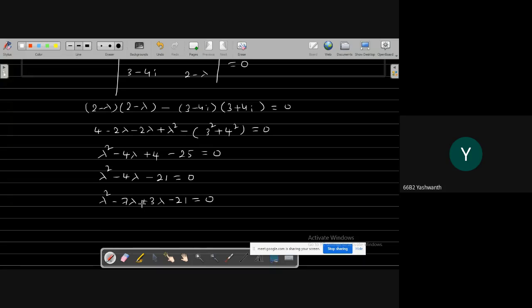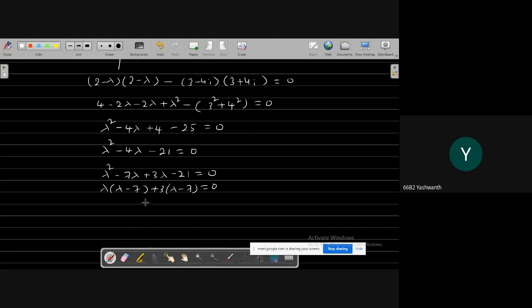This you know already. Otherwise you can use the calculator, no need to waste time on roots. So lambda common, lambda minus 7, 3 common, lambda minus 7 is equal to 0. That is lambda minus 7 common, lambda plus 3 equal to 0.